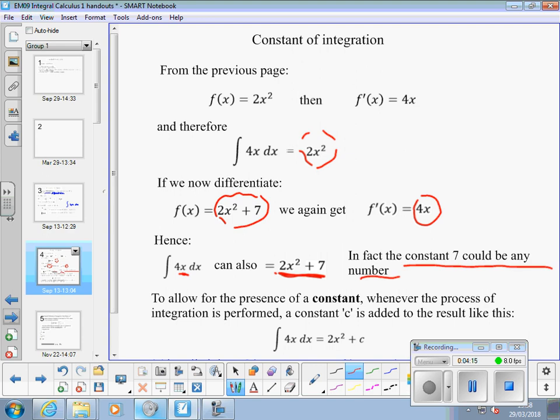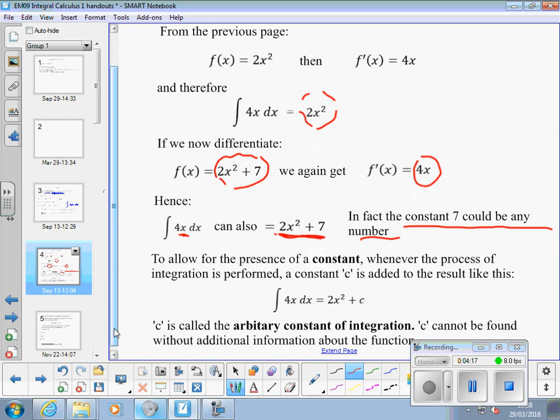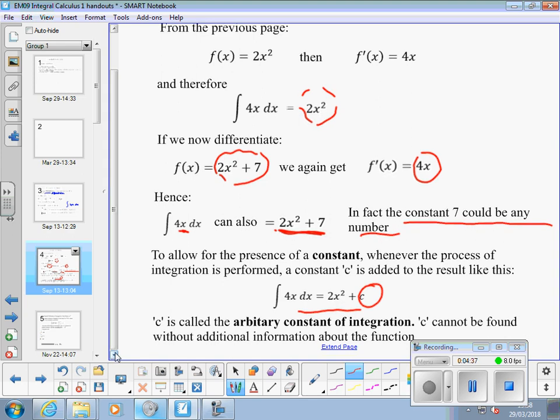So when we take the integral of 4x, we have to add the arbitrary constant of integration, because we don't know what it really was. C is called the arbitrary constant of integration.